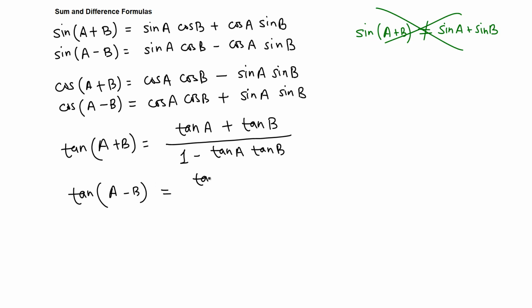This is tangent A minus tangent B over 1 plus tangent A times tangent B.